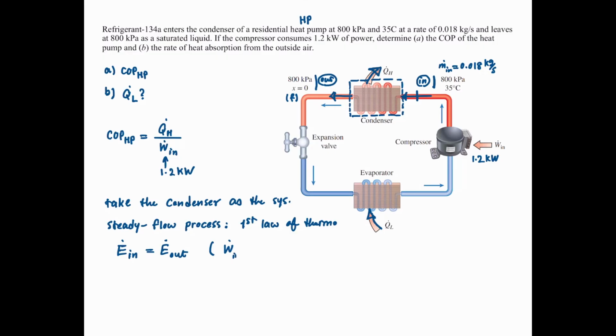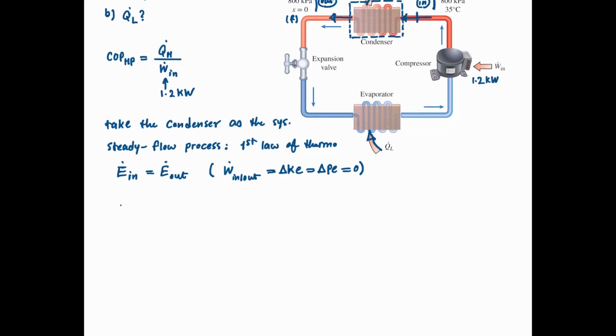There is no work interactions, and I'm going to assume that there is no change in kinetic energy and no change in potential energy. So left hand side will be m dot in, h in is equal to Q dot H plus m dot out, h out.